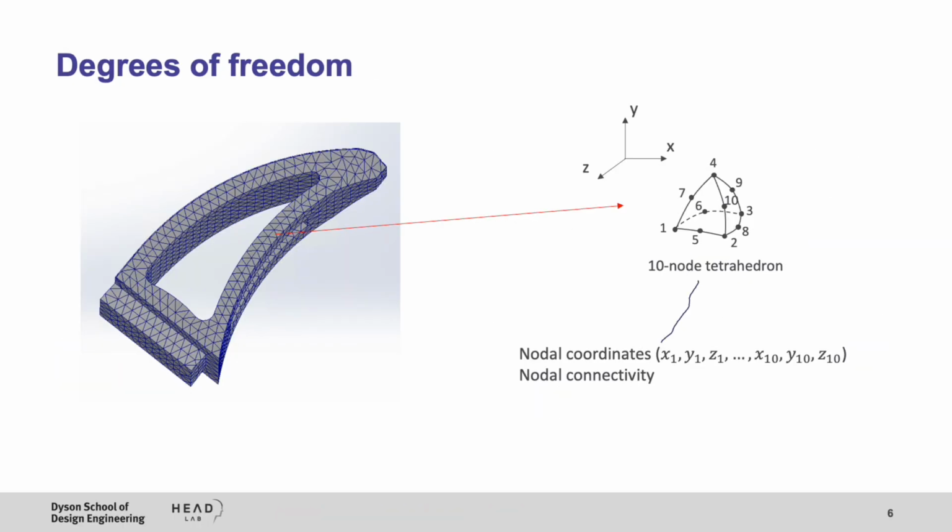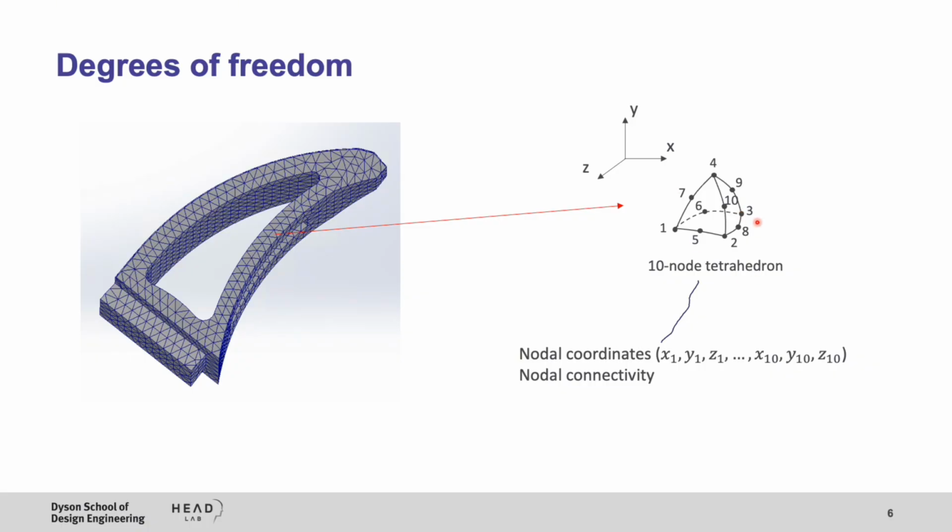A solid element is defined by the coordinate of the nodes and their connectivity. The connectivity means which nodes are connected together to each other. For instance, here node 1 is connected to nodes 5, 6, and 7, and so on.